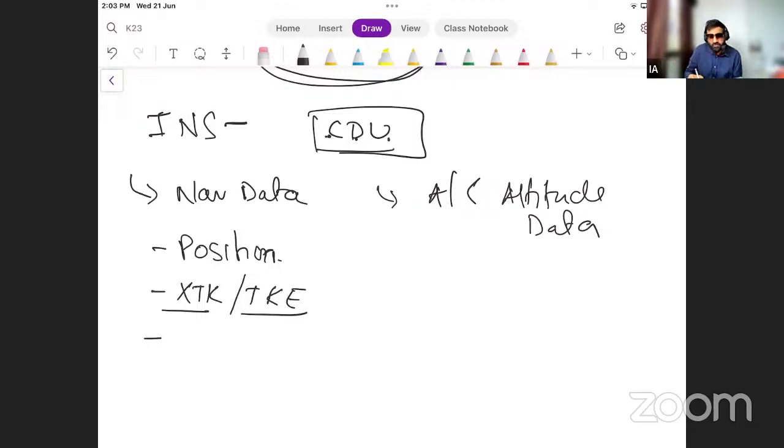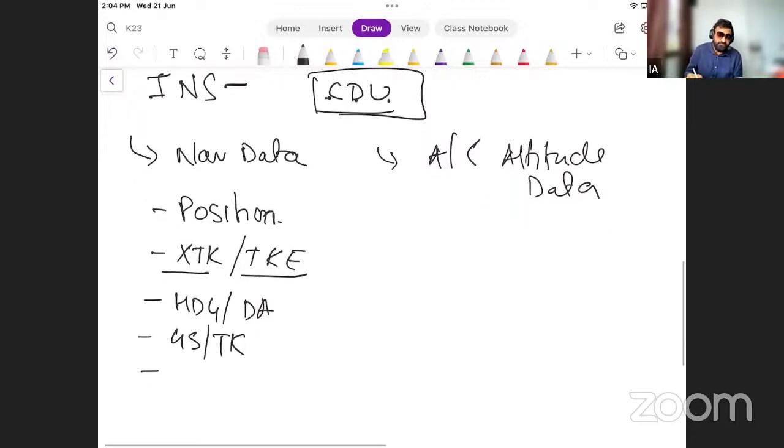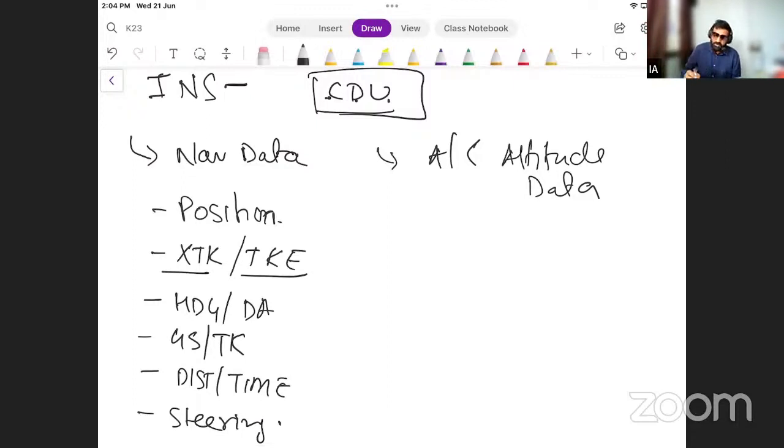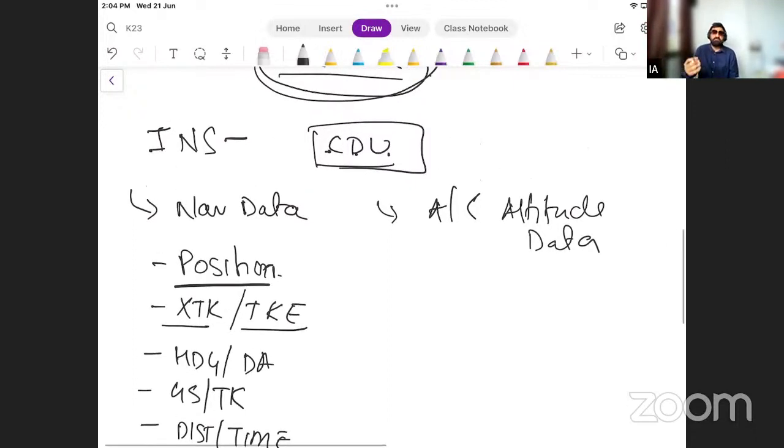Then we have heading displayed. We have drift angle displayed. Then we have ground speed. We have track. Then we have distance. We have time. And then we have steering also. In what direction are we steering? Right, left. All this information is available with the help of INS.